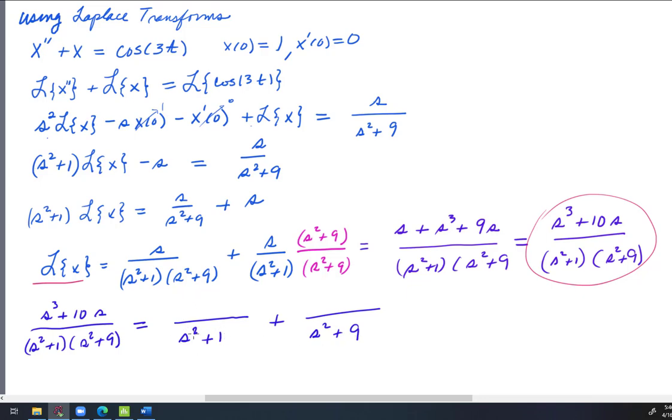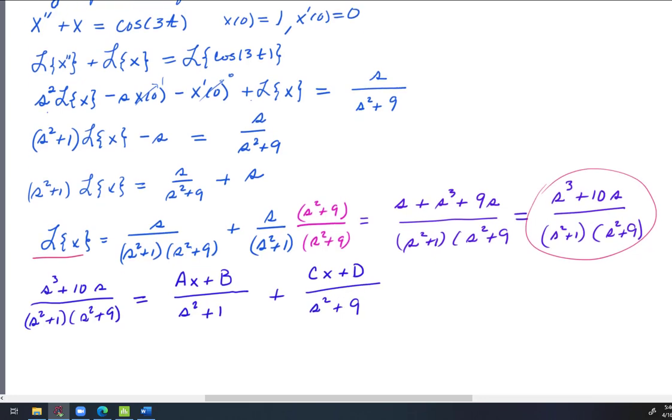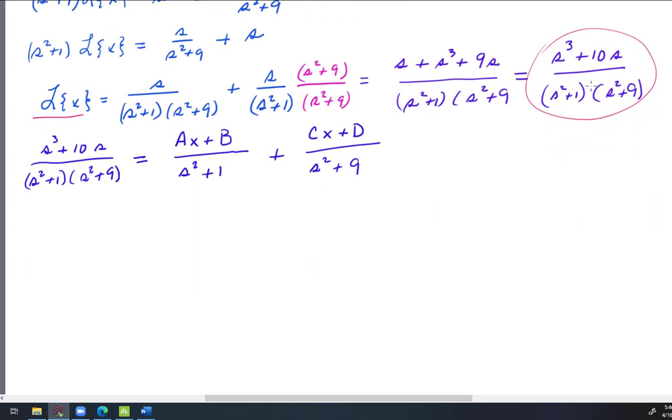And the numerators, if I have an irreducible quadratic factor, is a linear function ax plus b, and the same over here, and of course the coefficients are different, so we'll call that one cx plus d. So using the theory of partial fractions, I should be able to take the expression that we've circled and write it as a linear function over s squared plus 1 plus a linear function over s squared plus 9. Now, why don't we get started on that?